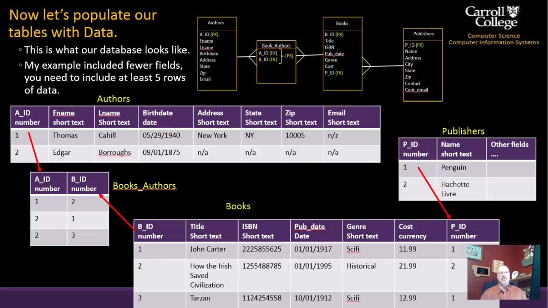And that's a one-to-many relationship. Over here, what we're seeing is AID 1, 2, and 2. Okay, and that's a many side. That's a one-to-many relationship. Remember what this one-to-many relationship looks like. And then with books to book authors, in this case I just have 2, 1, and 3, but that can also be a many relationship.